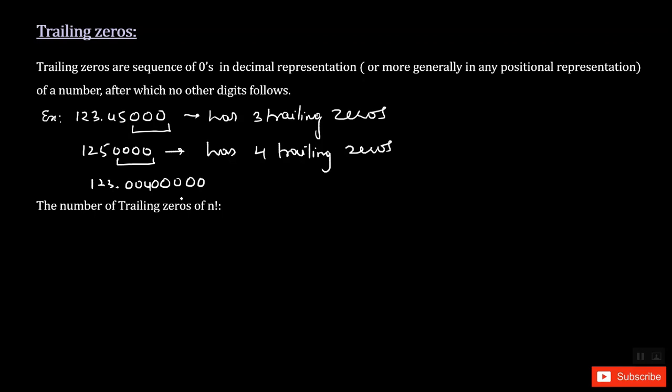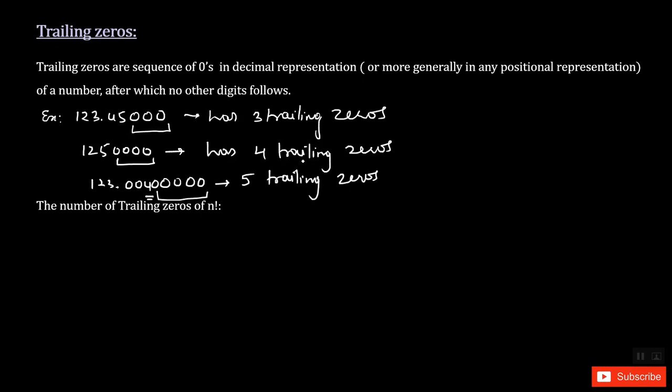Now look here, how many trailing zeros? The condition for trailing zeros is that after them there should not be any digit, so I can't consider these two zeros as trailing, because after them the digit 4 follows. So we count the trailing zeros from here onwards: 1, 2, 3, 4, 5. So this has 5 trailing zeros, right? This is the meaning of trailing zeros.